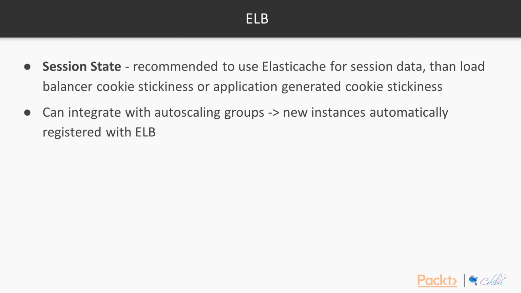Then ELB, as we've seen, can integrate with auto scaling groups, so new instances are automatically registered with the ELB. We've seen that in our application demo in course 1.